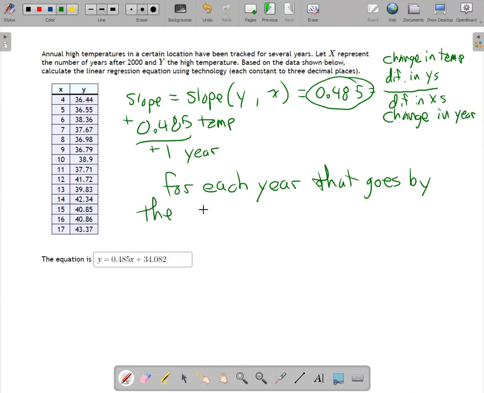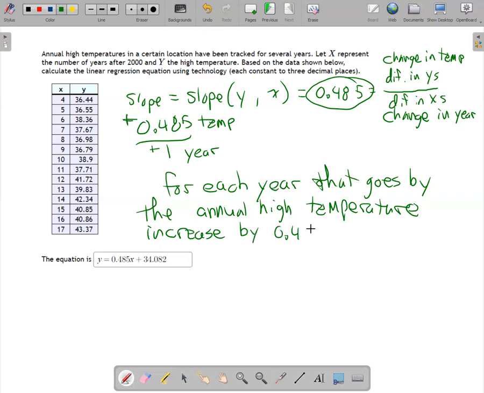The annual high temperature, and since this is a positive number, I would say increases by 0.485, and then we're throwing in here on average, because that's over all of these years here. So that's the average change per year. That's what the slope tells me there.